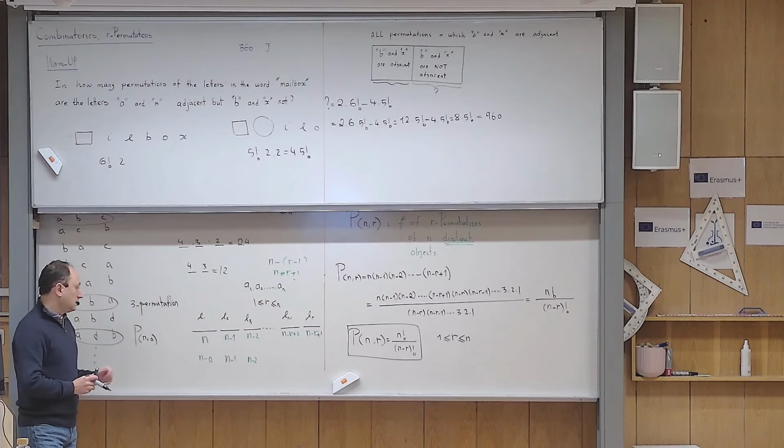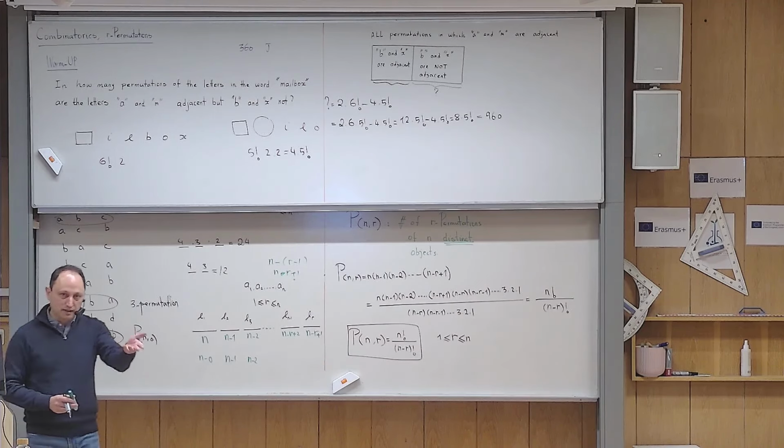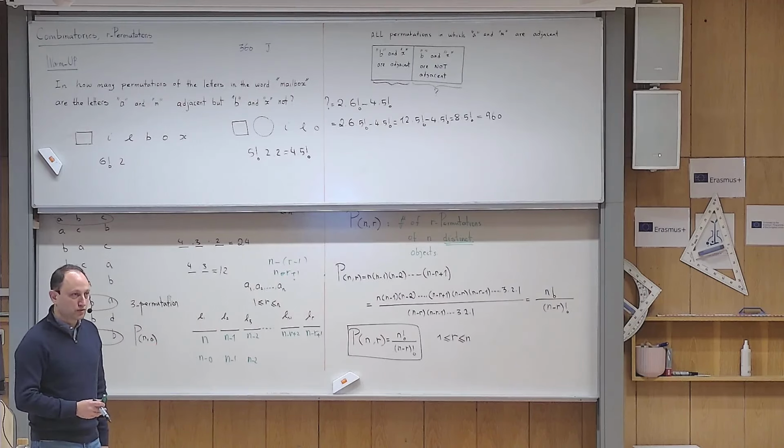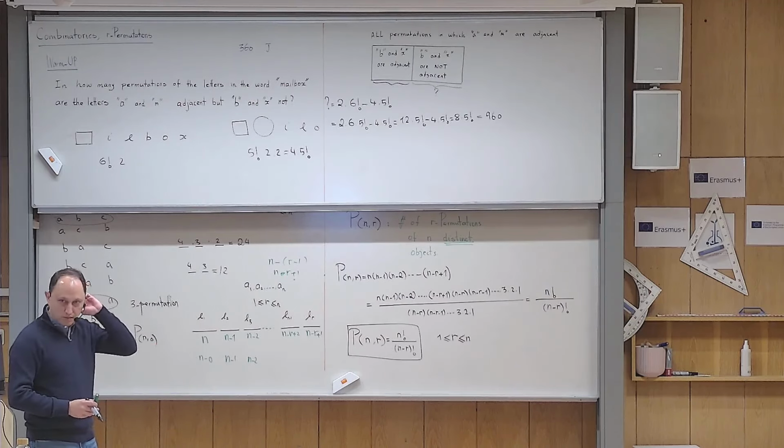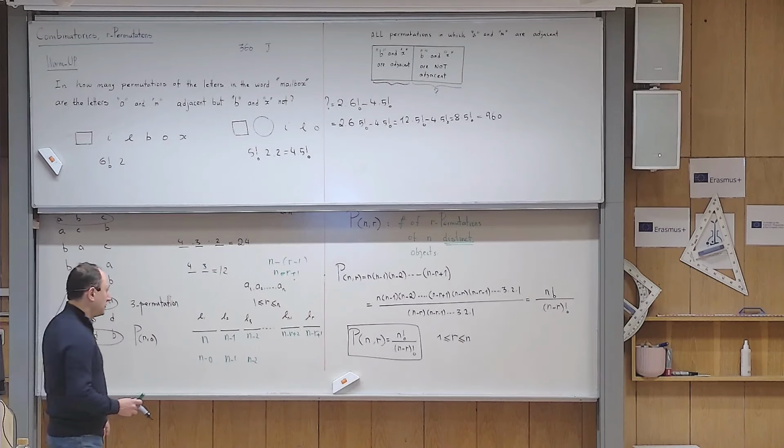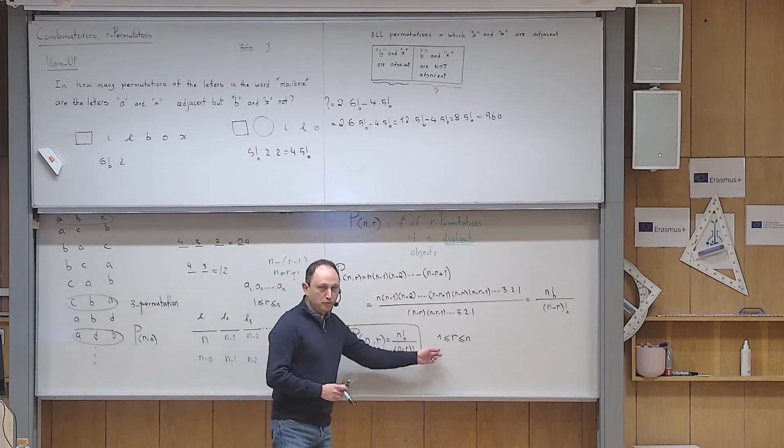But of course, it doesn't mean that you don't see this in the book. But do you understand this is not meaningful? What is the meaning of this? This is the number of 0-permutations of n distinct objects. It means that I have n distinct objects, I want to choose none of them and arrange them. So it doesn't make sense. So this is why the minimum value for r should be 1.